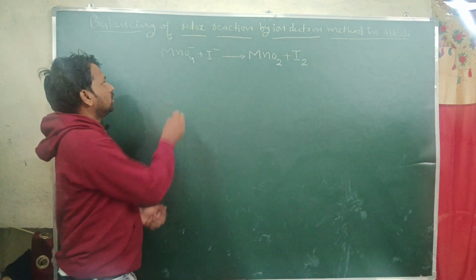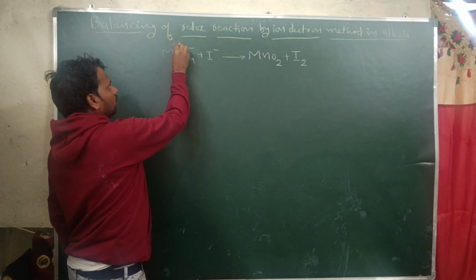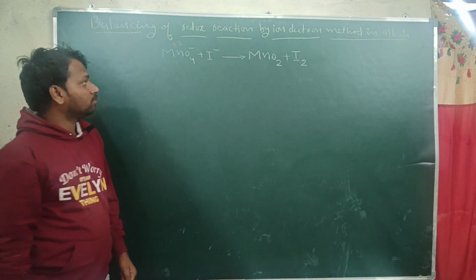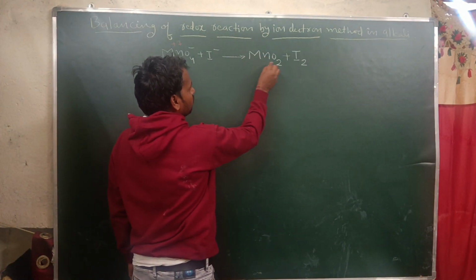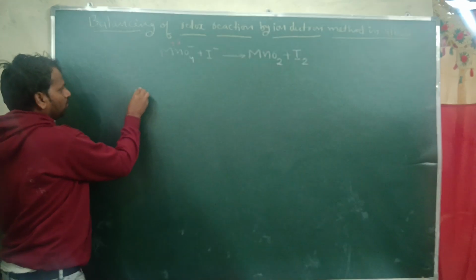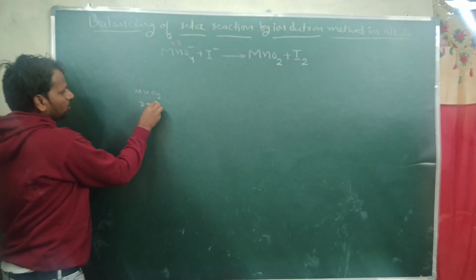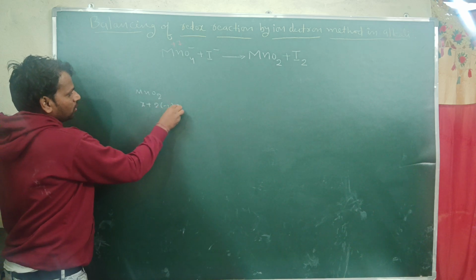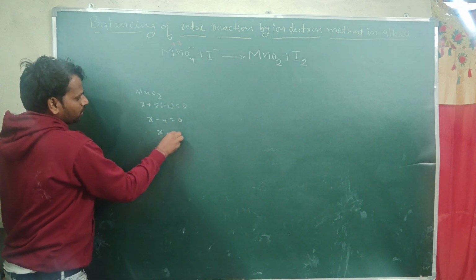Already we know that here the oxidation state of manganese in the permanganate anion is +7. For MnO2, let the oxidation state be x, so x plus 2 into minus 2 is equal to 0, x minus 4 is equal to 0, x is equal to +4.